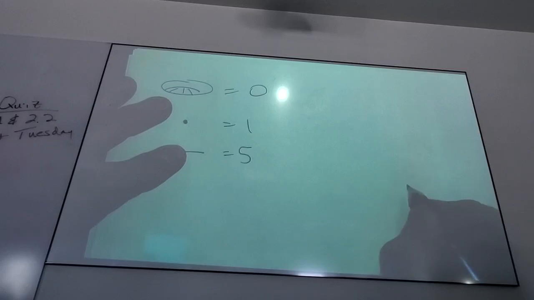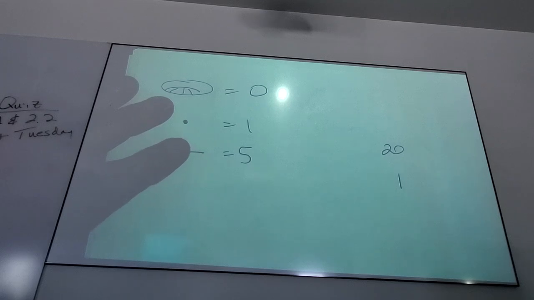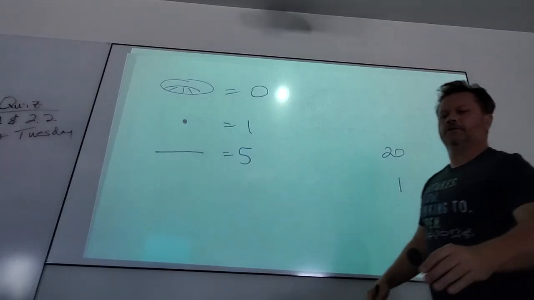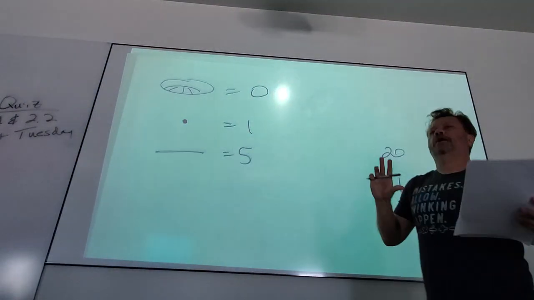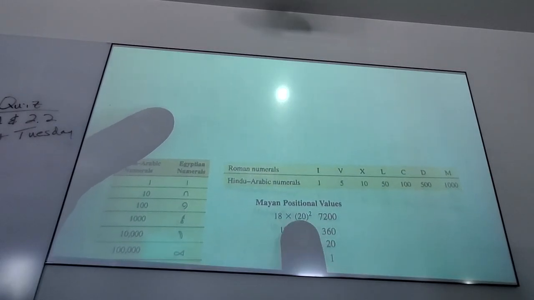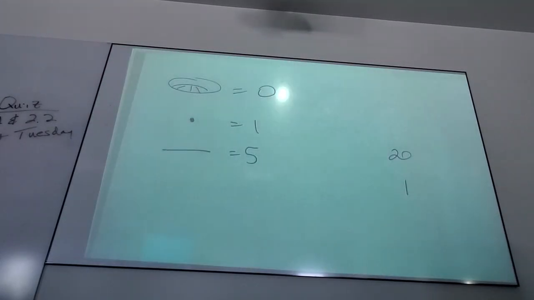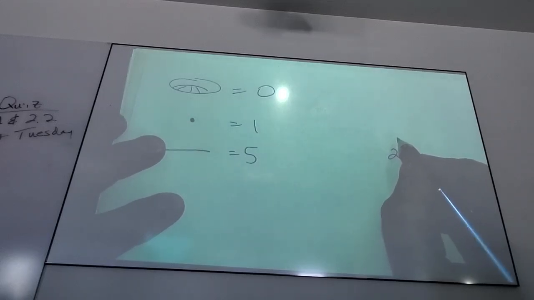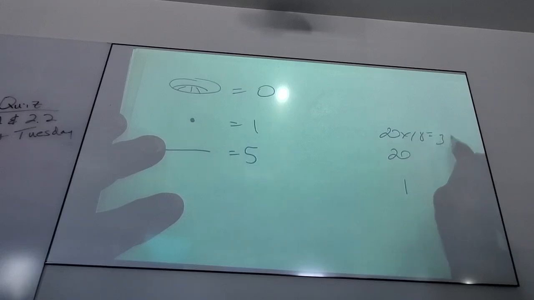So they did the 1s place, the 20s place, and just to show you, because I feel some of you guys pulling back like, screw this, but I will give you their places, yes? I'm not going to make you memorize what I'm about to tell you. 1s, 20s. This is not 20 times 20 like it would normally be. This is actually 20 times 18, because what's 20 times 18? 360.